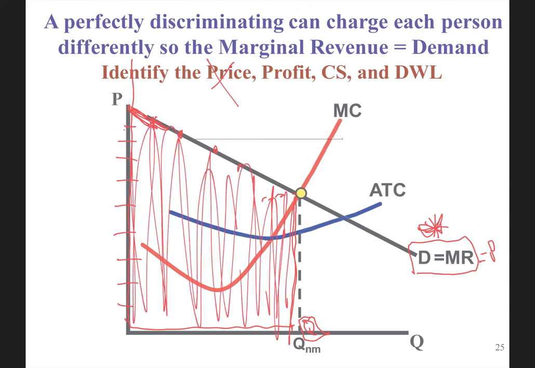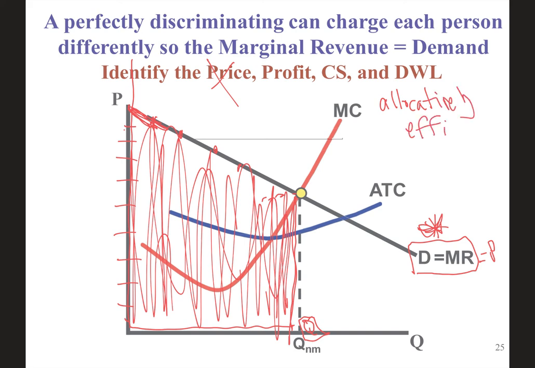That entire red box. And something that you're going to notice is, first of all, the perfect price discriminating monopoly is actually allocatively efficient. Why is that? It is that way because MR is not less than demand.